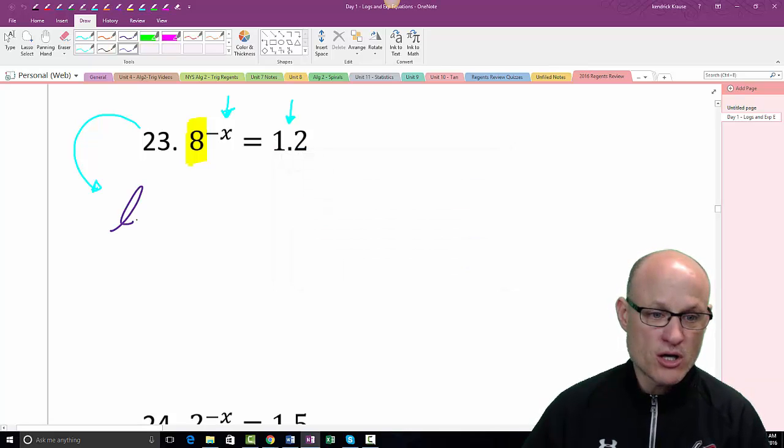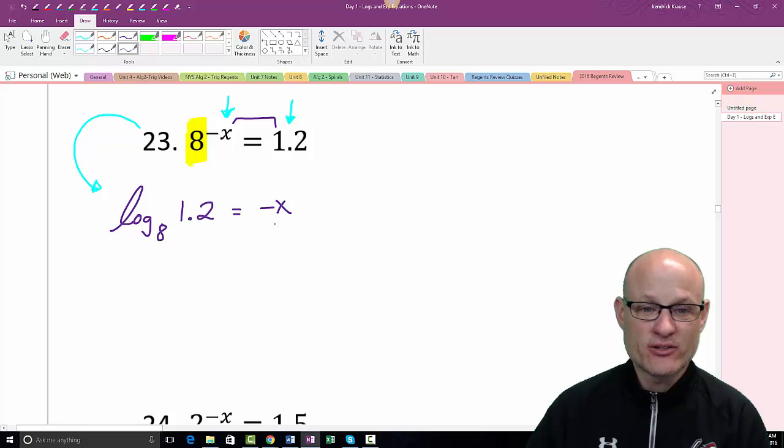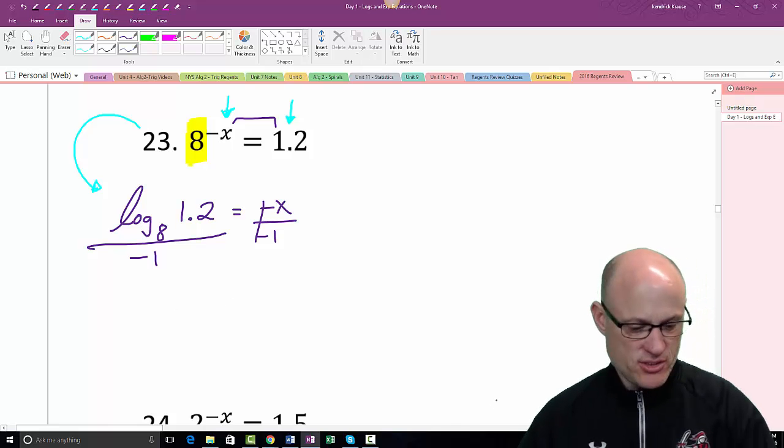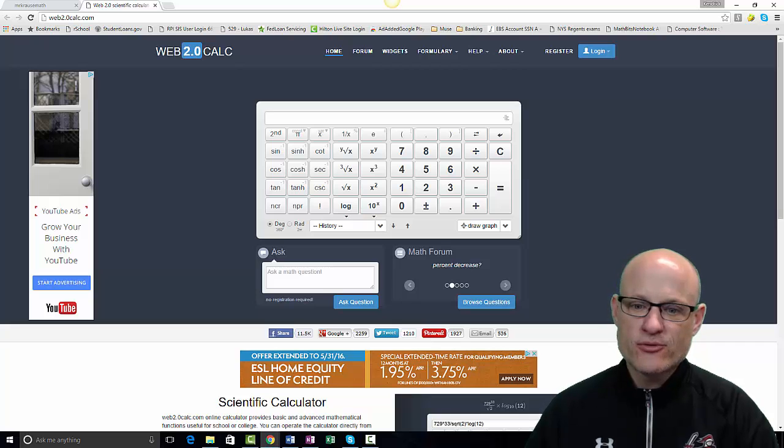So log base 8 of, now these two things switch, 1.2 equals negative x. Well, then I just divide by negative 1, divide by negative 1, and I get x equals that. I don't know how to put that in this calculator. So irritated.